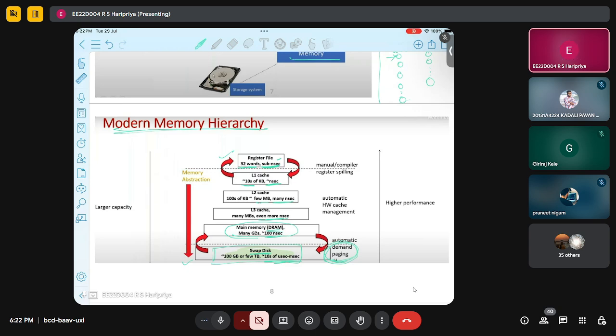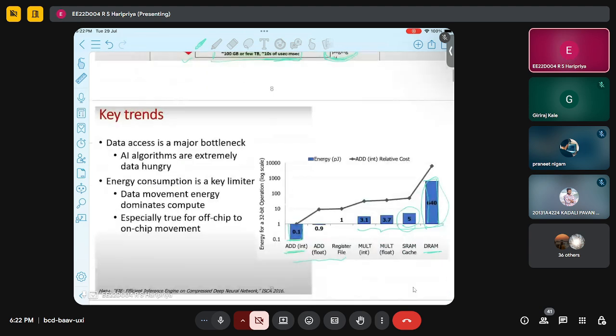And as you mentioned, AI benchmarks need a lot of data, and AI algorithms are extremely data hungry. So memory access is a key factor, and it consumes more energy.